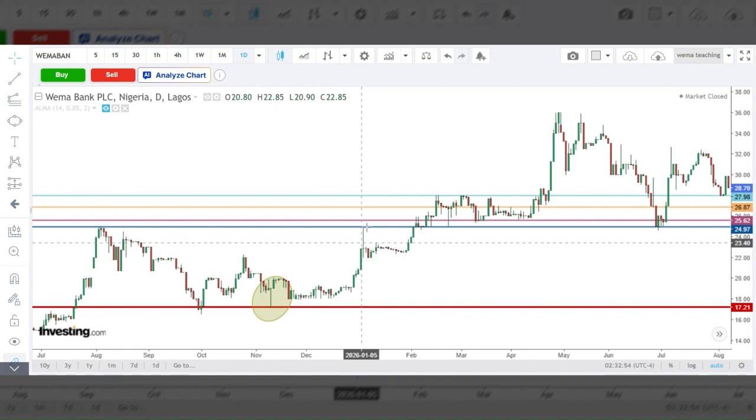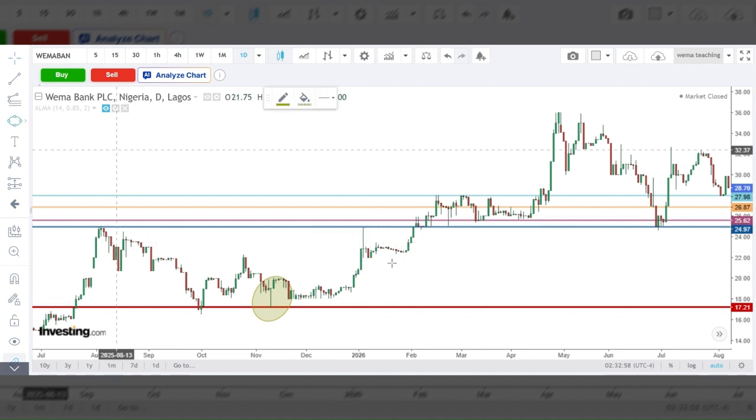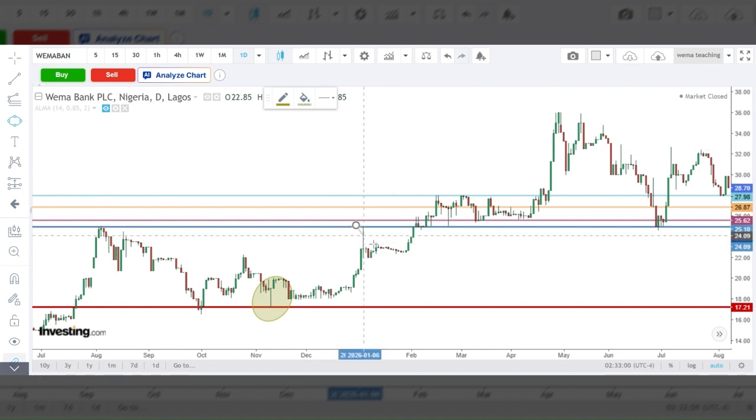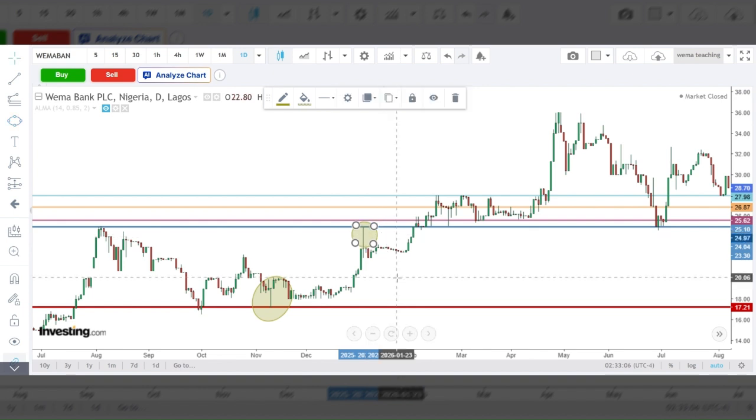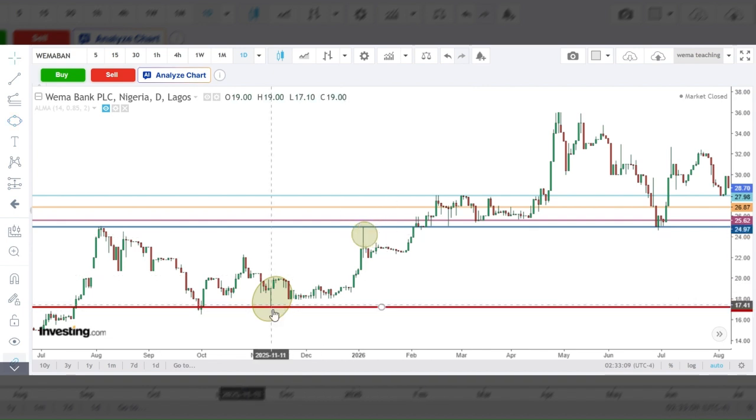But when it came to the deep blue line here, the market pulled back strongly because people who bought at this place were now taking profits. So the market rejected the price at this place, making it a potential resistance level.